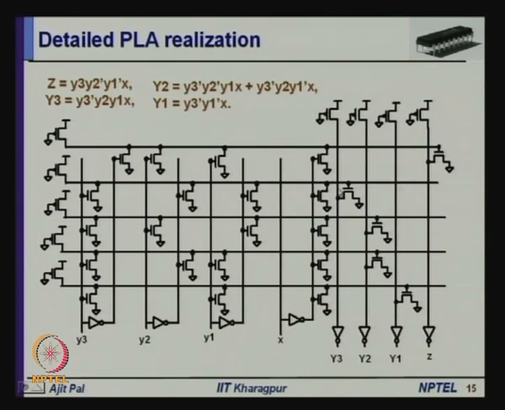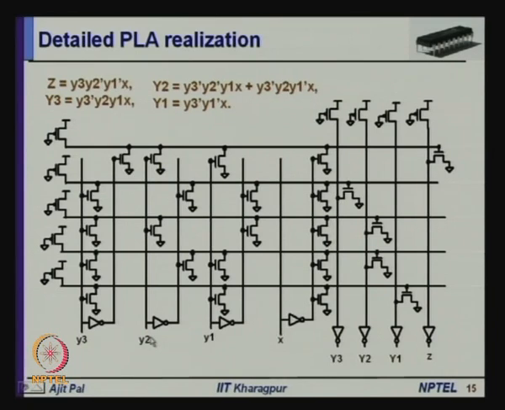You require only 5 transistors here, 1, 2, 3, 4, 5 to realize Y3, Y2, Y1 and X, Z. So, you see this is the detailed PLA realization in terms of transistors.